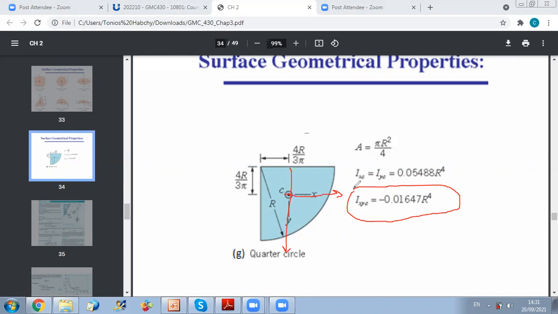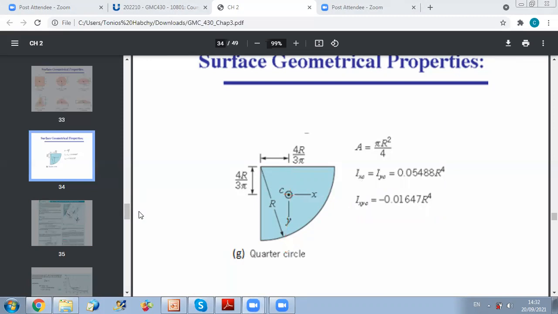So this condition is sufficient but not necessary. It's sufficient to have x or y as an axis of symmetry to get 0 Ixy, but it's not required. You might have surfaces where x and y are not axes of symmetry, but as you do the integration, you will get 0.